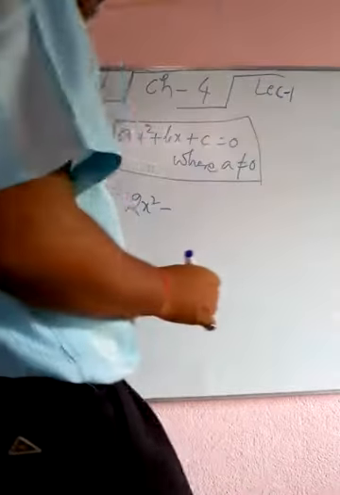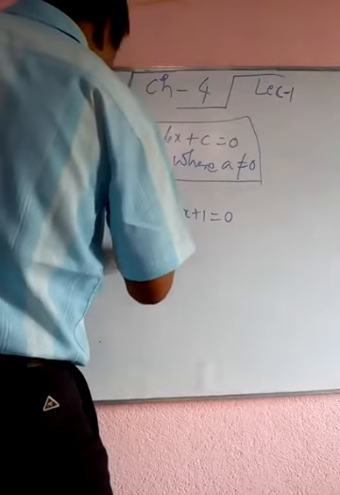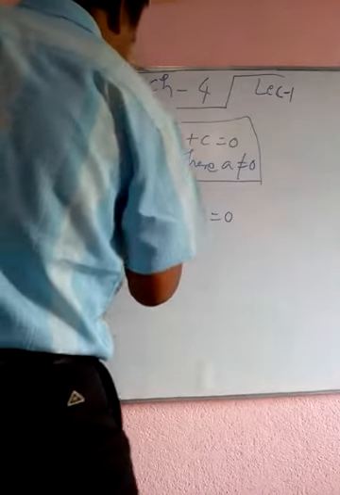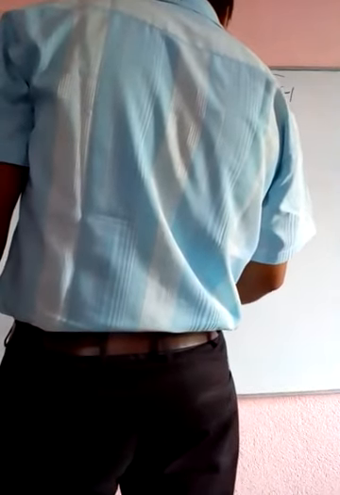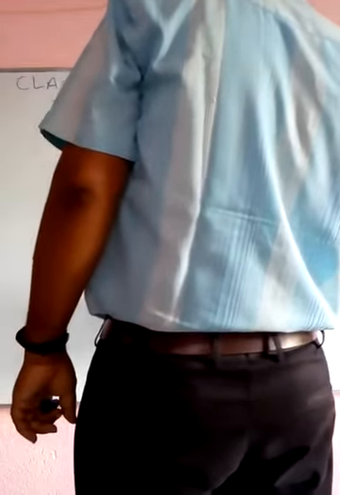Take one example given here in the book: 2x square minus 3x plus 1 is equal to 0. Now you can compare: a is equal to 2, b is equal to minus 3, c is equal to 1, and the right side is 0.